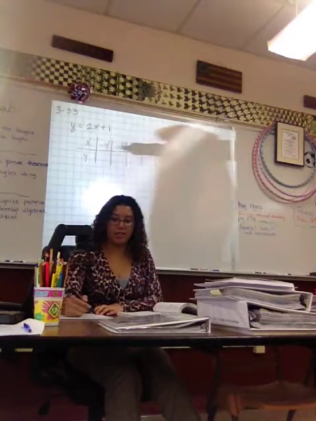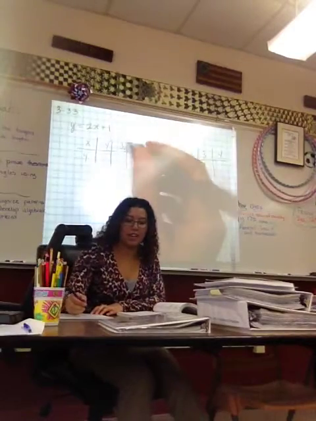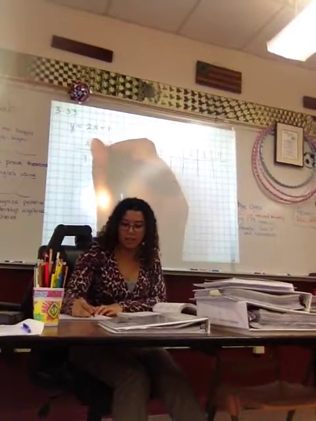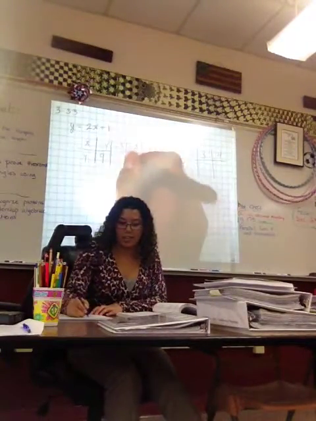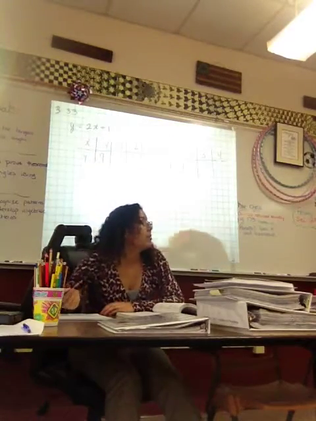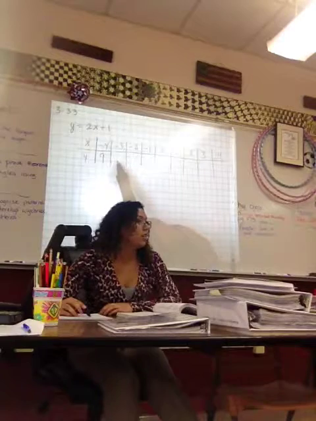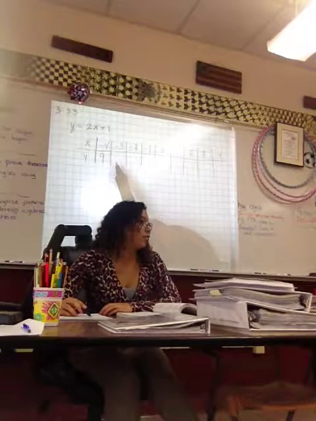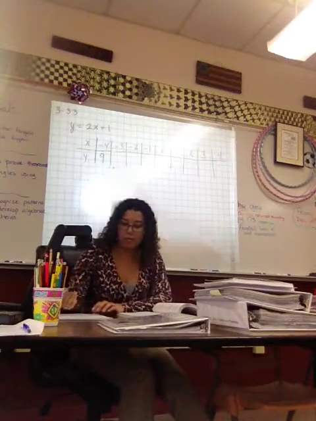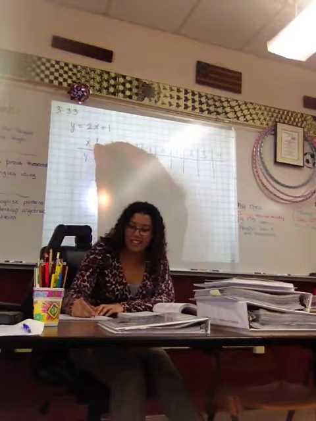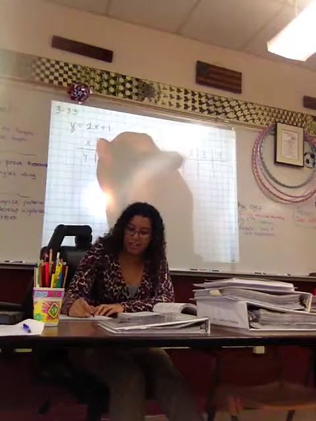Plug into the equation, so that's -4 times 2 is -8, plus 1 is 9. Jacob, you give me the next one for our table? What happens when we put -3 in? Oh, I'm sorry. I meant -8 plus 1 is -7.